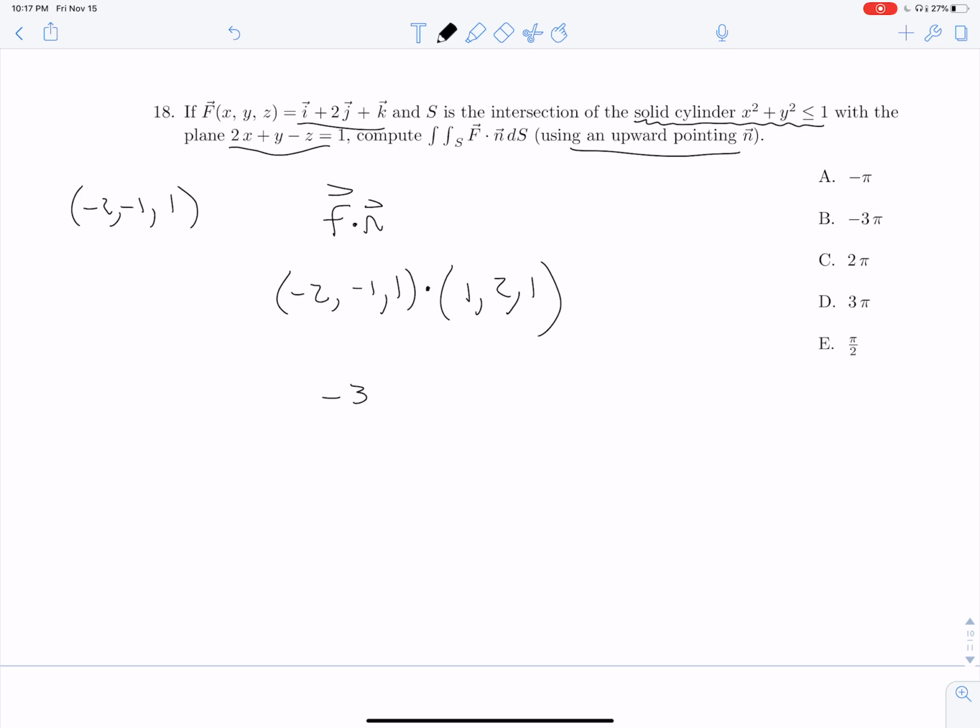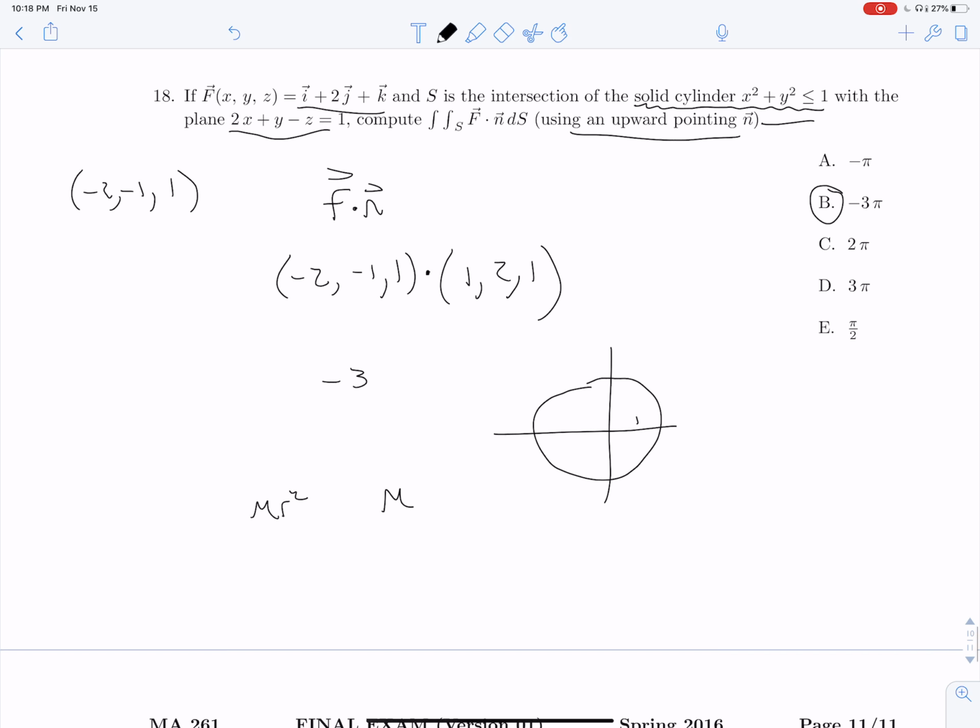Sorry, not the volume of this, ignore that, it's late at night. We need the area of the xy plane projection, which is just a circle with radius 1. Because no matter where we are in this cylinder, we're always a circle with radius 1. And the area of a circle with radius 1 is pi r squared, where r is equal to 1, which is pi. And so our answer is -3 pi.